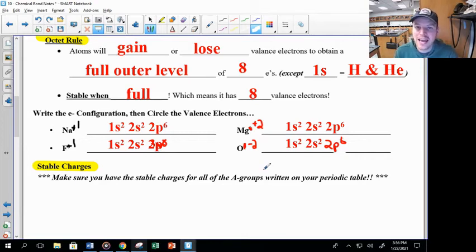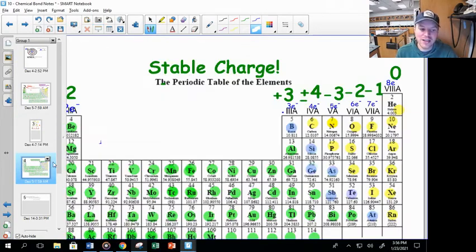You'll notice that elements really want those electron configurations that line up with the noble gases because those are stable electron configurations. And so we can kind of see, like last unit, you guys learned some of the trends: metals, cations, nonmetals, anions. The noble gases are unreactive, whereas the alkali metals are super reactive. This is part of the reason why that is. It's all about stability, getting those 8 valence electrons.